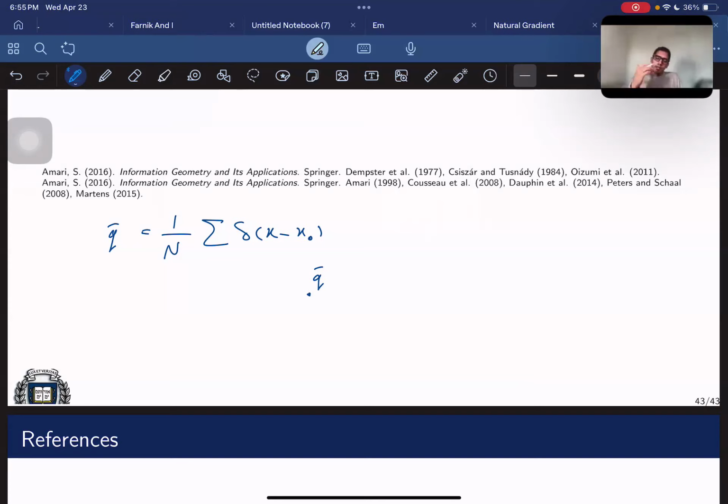So you need to take a look at, instead of optimizing p theta and finding the best distribution, which is MLE, for example, in this case, if you consider KL divergence, then you want to optimize over the true distribution.